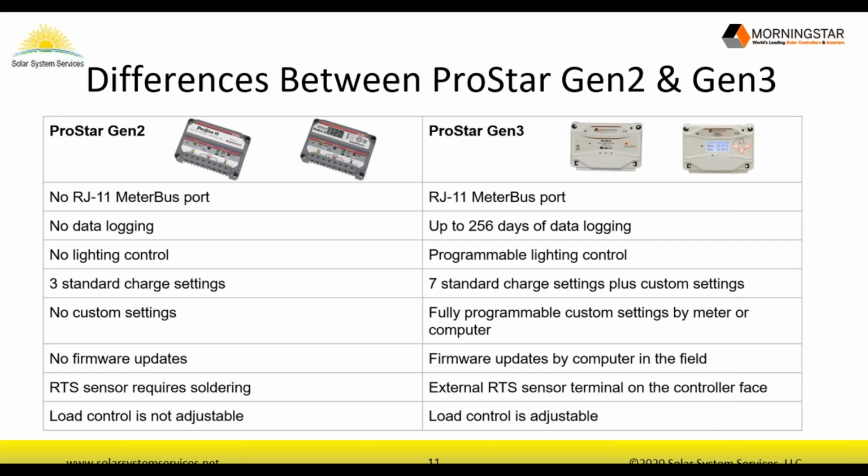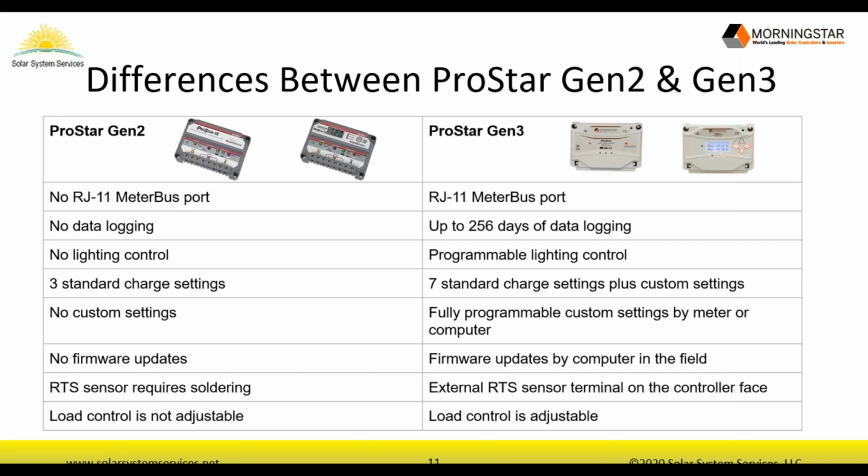The Gen 2 also did not have lighting control, and there's a full feature of lighting control functions that we're going to go into in detail, as well as the possibility for firmware updates you can do. I'm not going to go into that one in detail. It also allows for an external temperature sensor that just has some screw terminals on it. The old version, you had to solder to it, and that became a real pain in the neck.